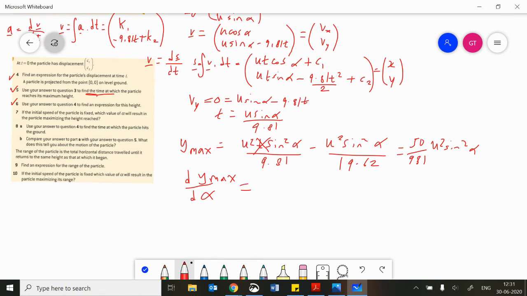Okay, so in order to do that, we need to differentiate this thing here. The whole of this is a constant, so we can just put that outside the front. So we've got 50 u squared divided by 981, and then we need to differentiate sine squared alpha.